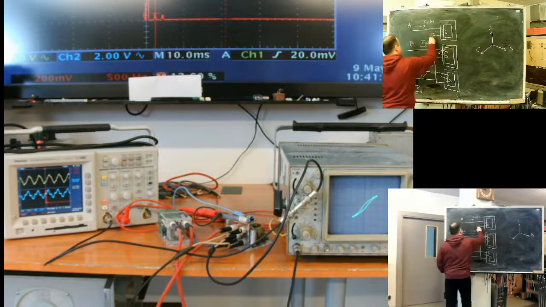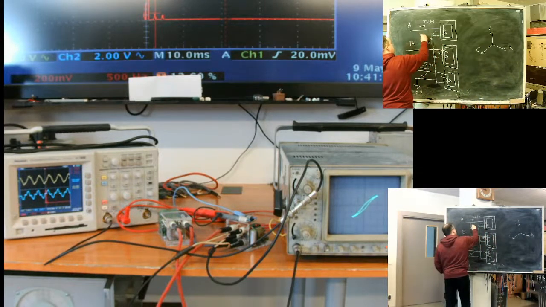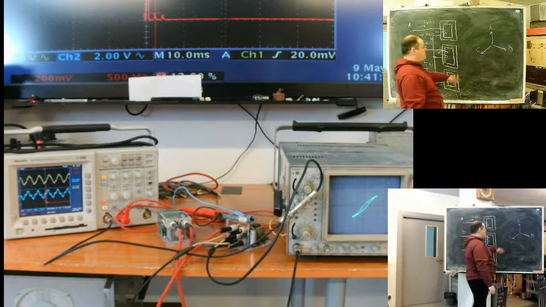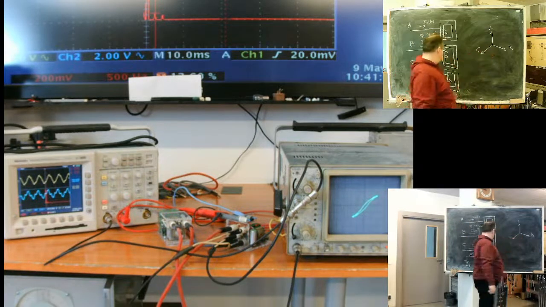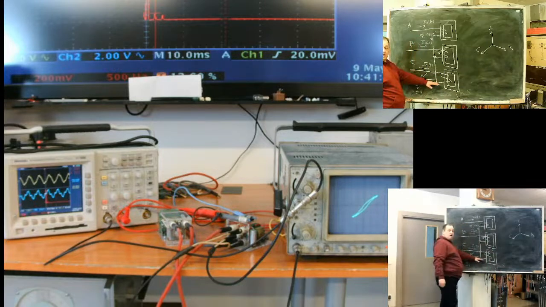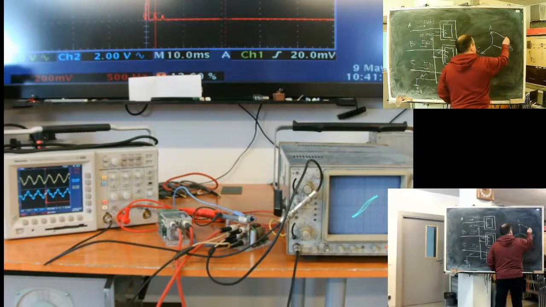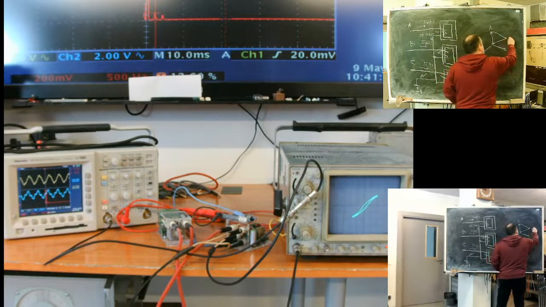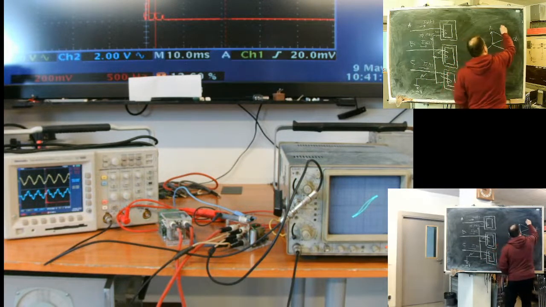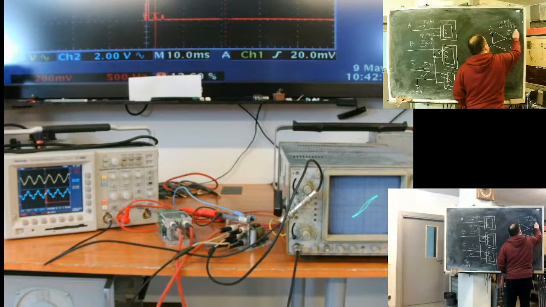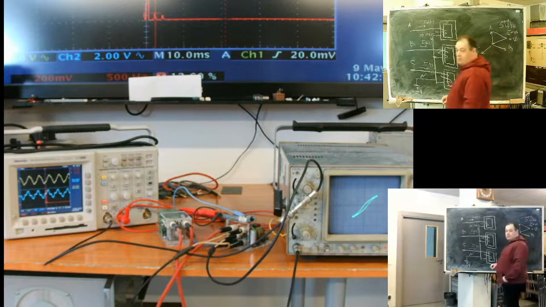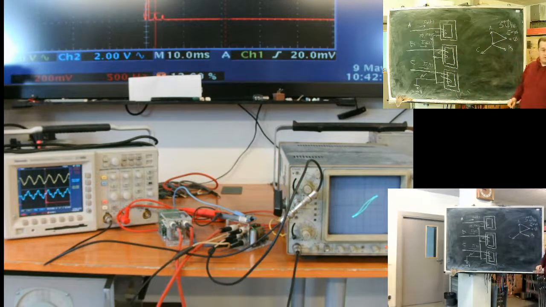So we have both 50 and 150 Hertz. For 50 Hertz we have star. So neutral current, what will it be? A plus B plus C equals 0 at 50 Hertz. Sum equals 0. But what will be with the third harmonic?